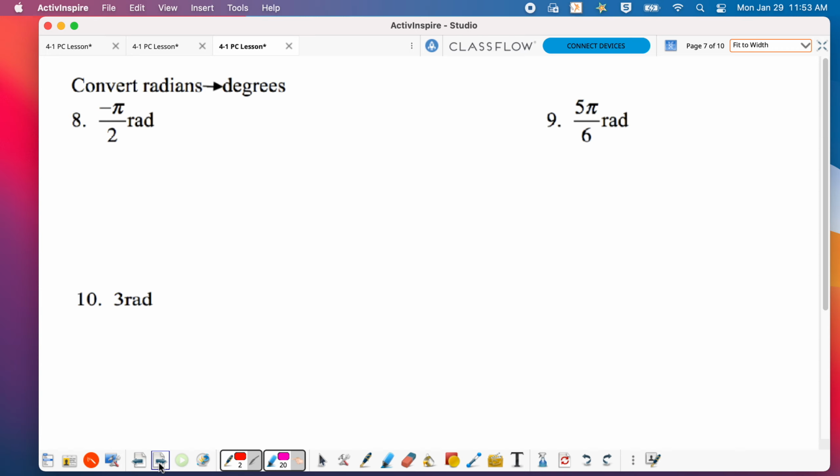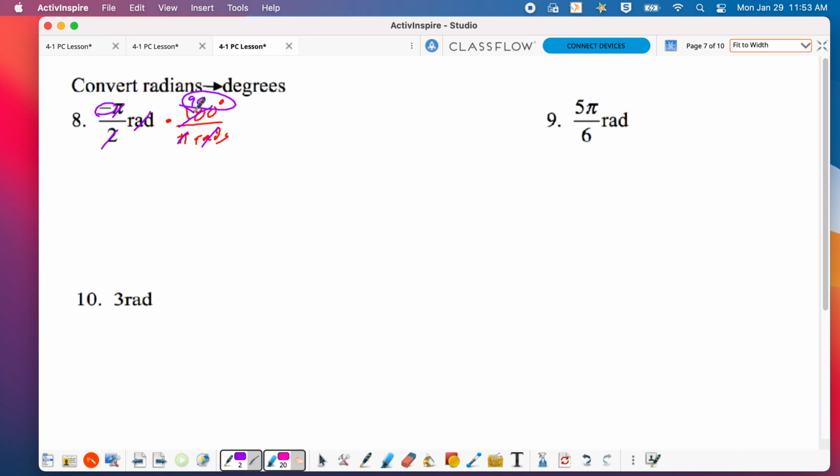Pi over 2 radians. Negative pi over 2 radians. I want to get rid of radians. I put pi radians under 180 degrees, because I want to get rid of radians and keep the degrees. I'm going to cancel. Pi radians cancel. 2 goes in 90 times.